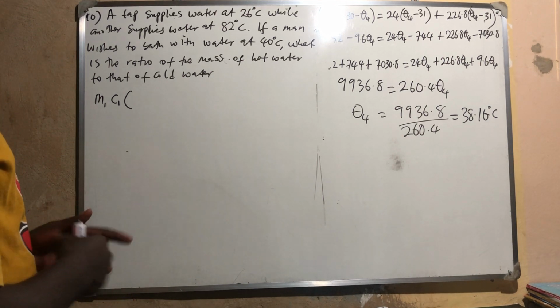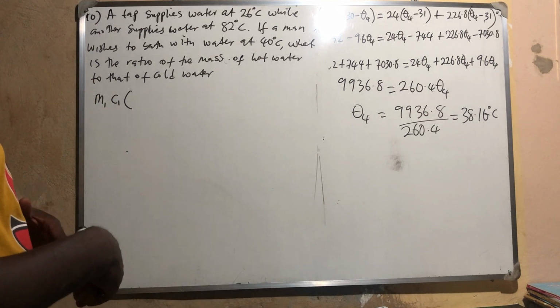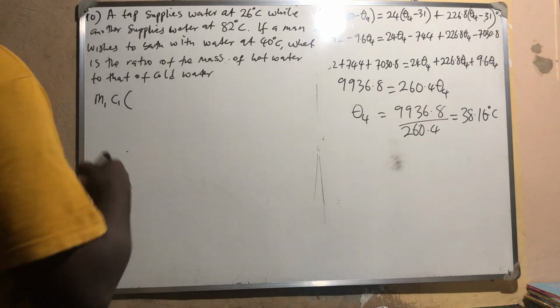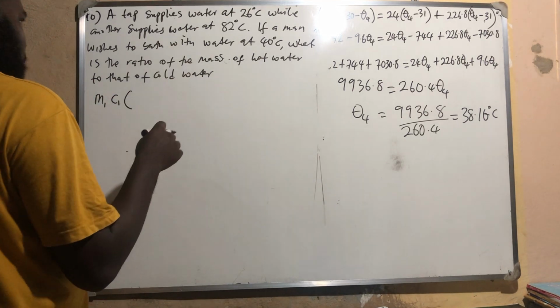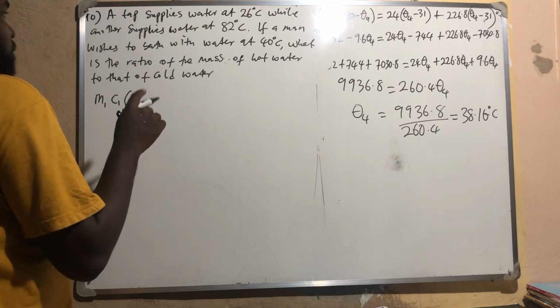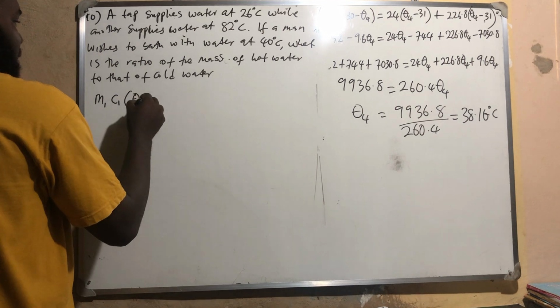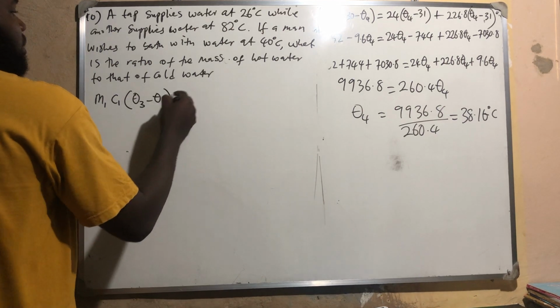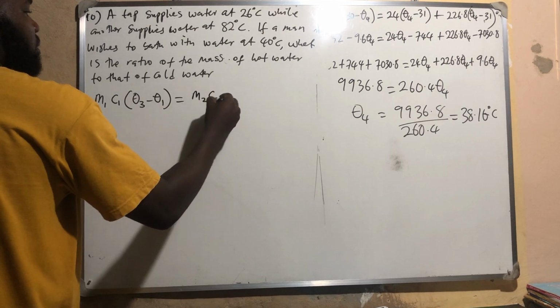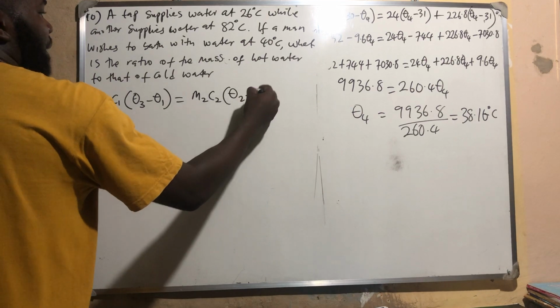If they mix, the one that is cold will gain energy, the one that is hot will lose. So the one that is cold will gain, so it is going to be theta 3 minus theta 1 is equal to M2 C2 into theta 2 minus theta 3.